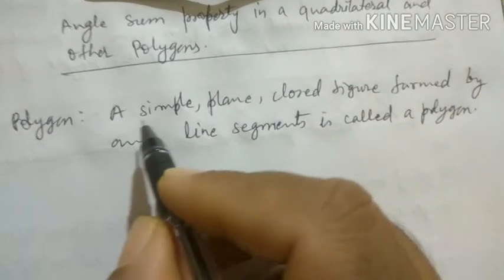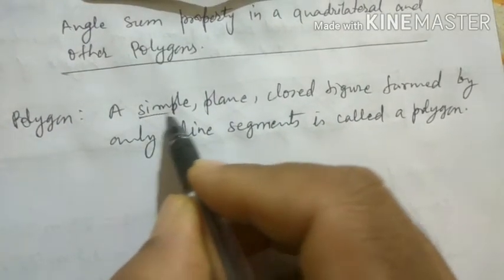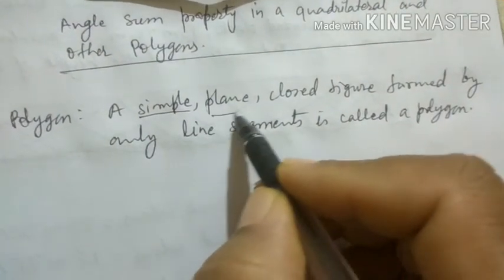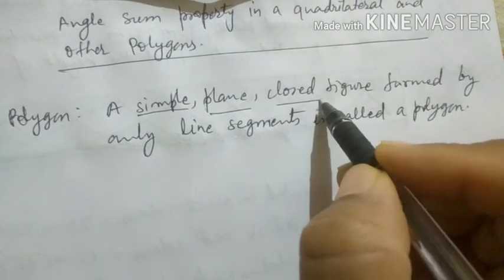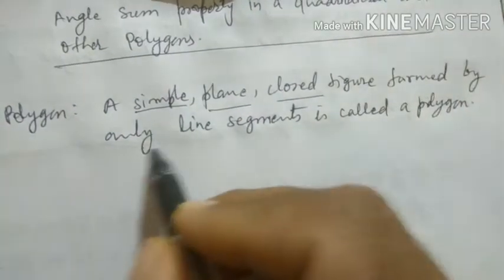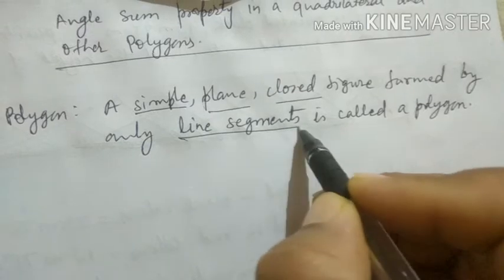So there are three conditions in a polygon. It must be simple, it must be plane, it must be closed, and formed only by line segments.